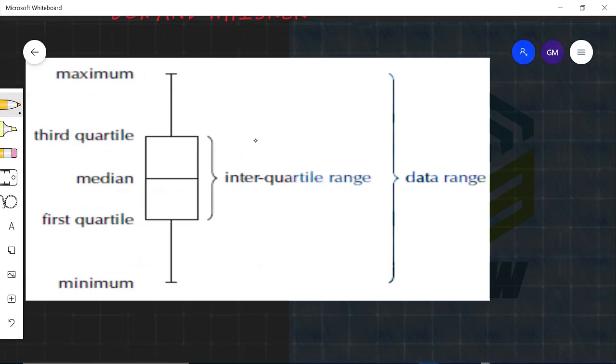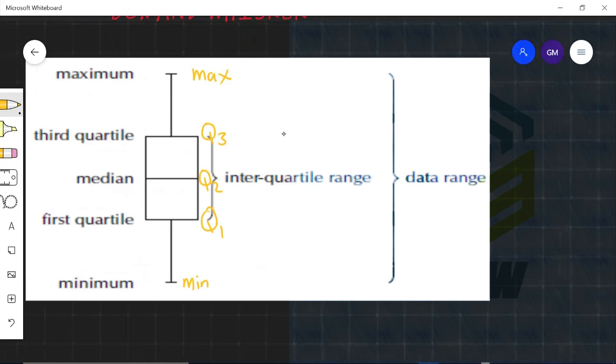A box and whisker takes the minimum, Q1, Q2, Q3, and the maximum. In this lesson, we are just building the theory.